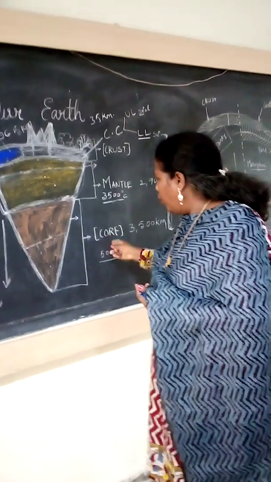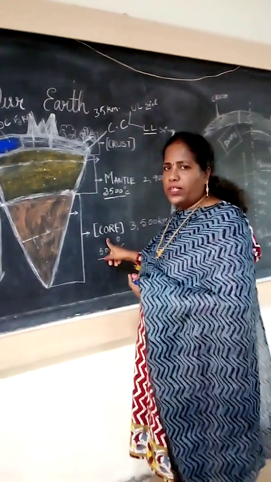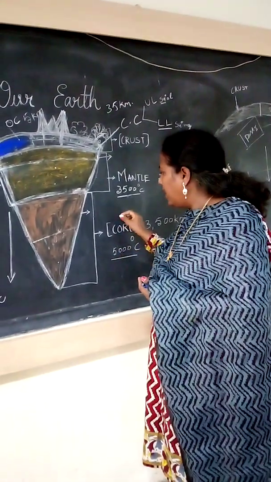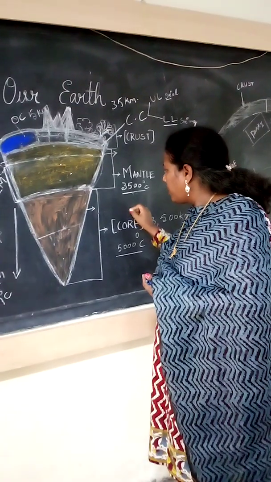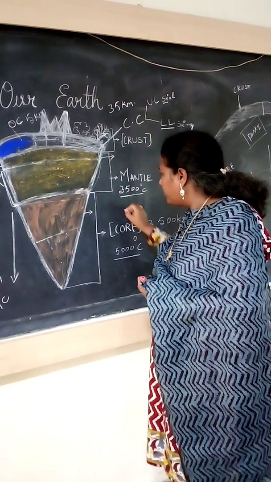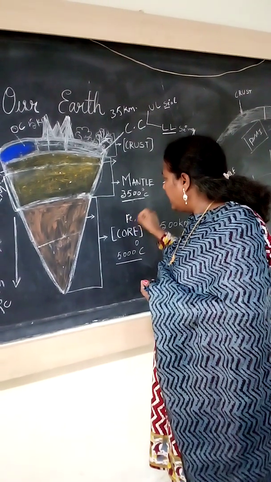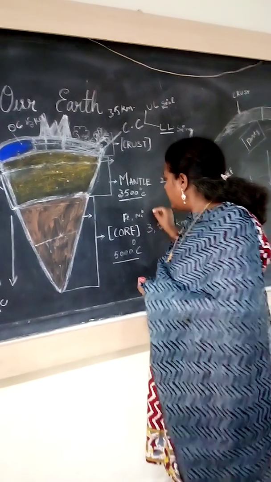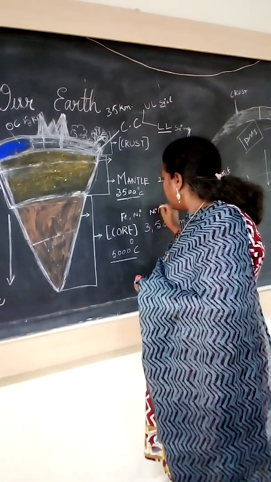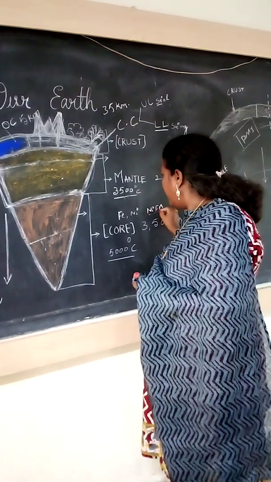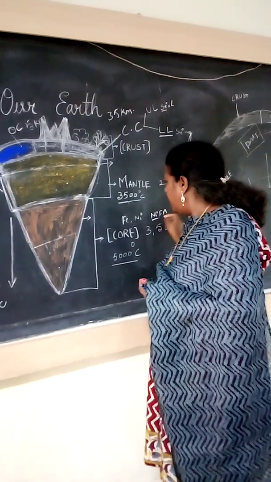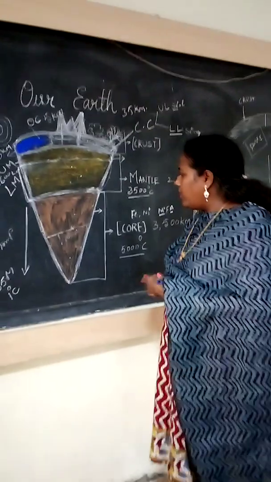In the core we can see ferrous and nickel. That is called NiFe. NiFe means nickel and ferrous. This is available in the core.